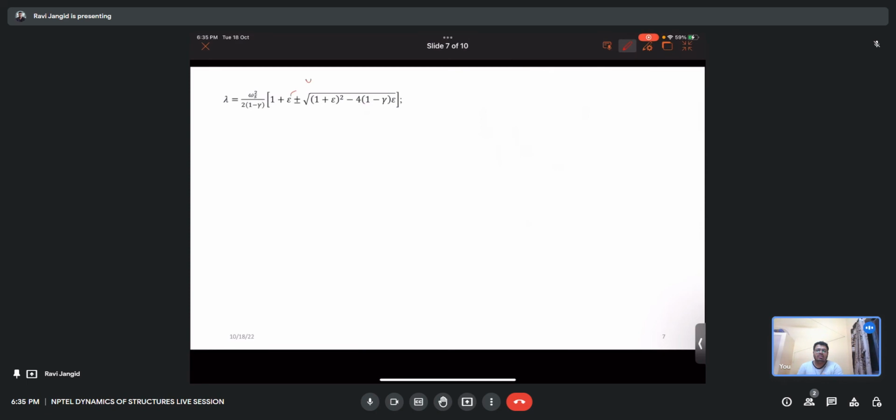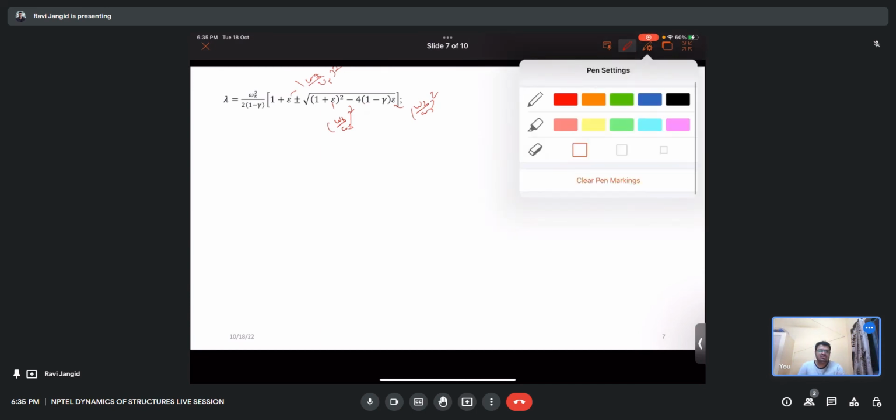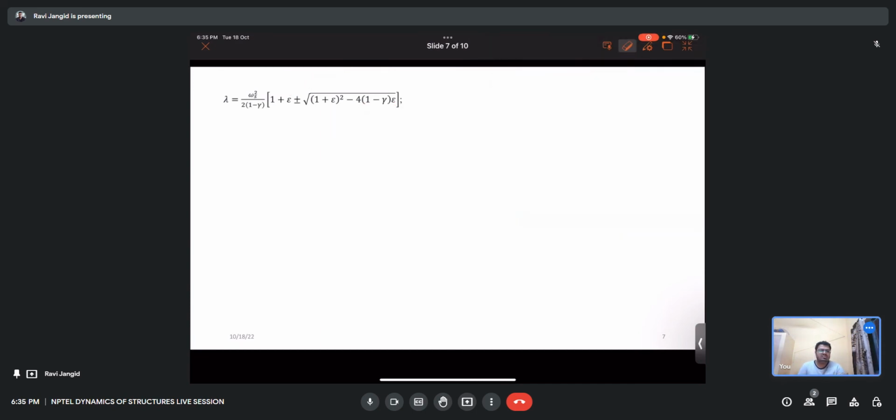This was omega b by omega s square, this was also omega b by omega s square, and this was also omega b by omega s square. After writing this, to solve this equation, further we will first solve this root.